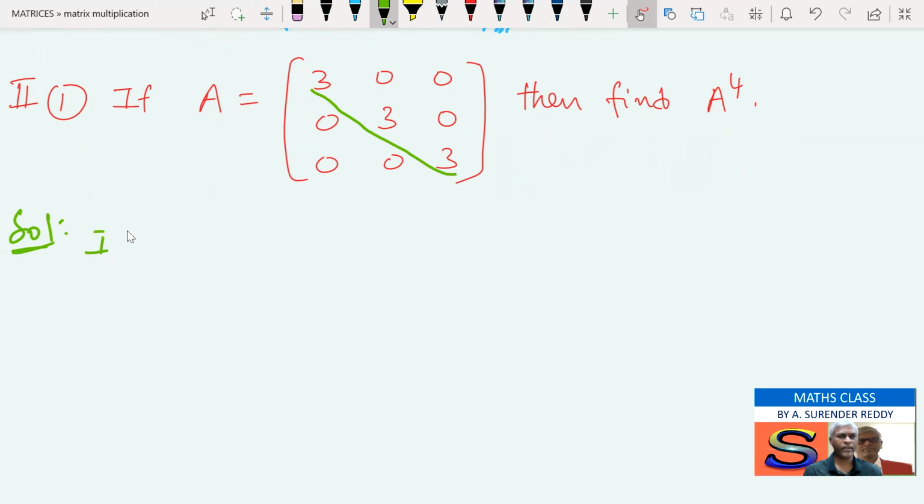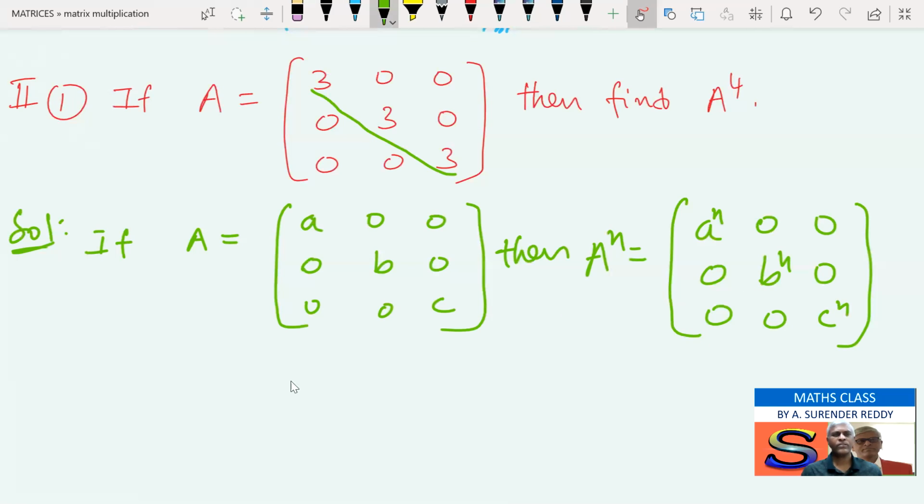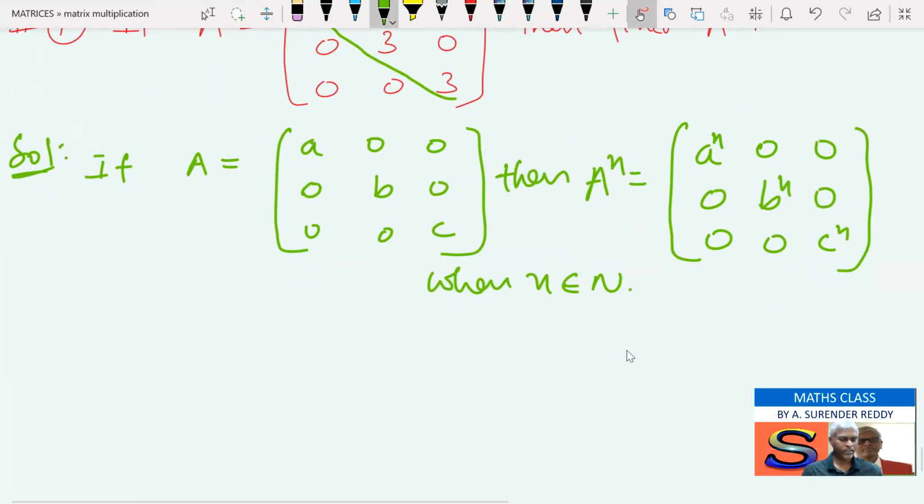So in any diagonal matrix, if A is equal to diagonal matrix with a, b, c, then A power n is the diagonal matrix with a power n, b power n and c power n, where n is a natural number.